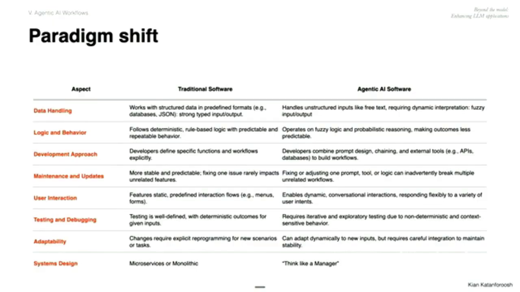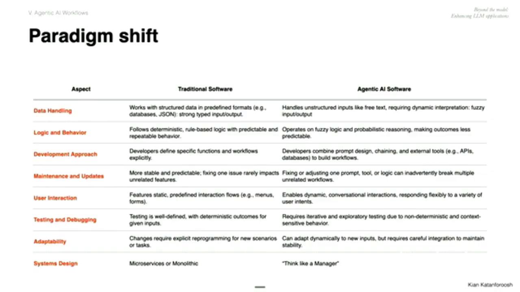Okay, I want to talk about the paradigm shift. That's especially useful if you're a software engineer, or you're planning to be one, because software engineering as a discipline is shifting, or at least the best engineers I've worked with are able to move from a deterministic mindset to a fuzzy mindset and balance between the two whenever they need to get something done. So here's the paradigm shift between traditional software and agentic AI software.